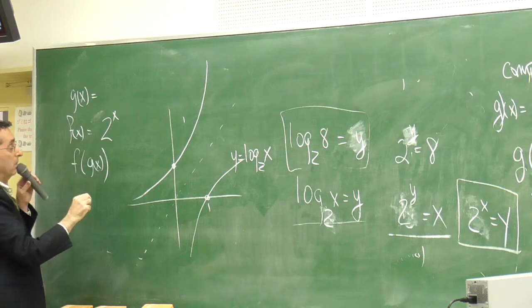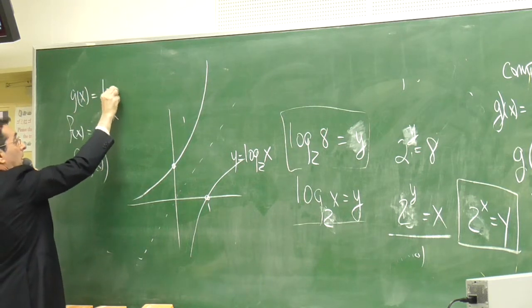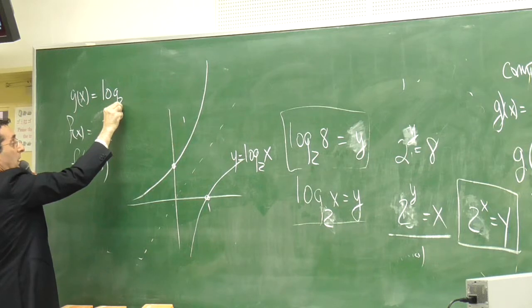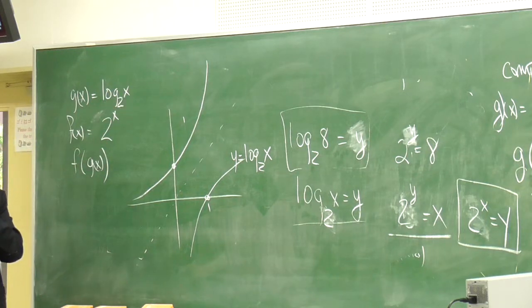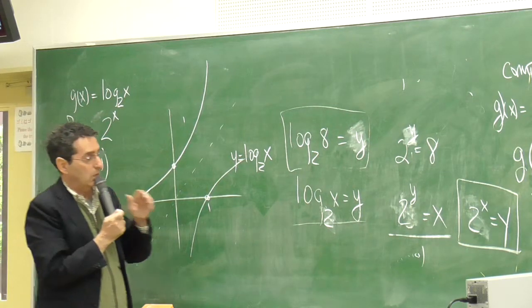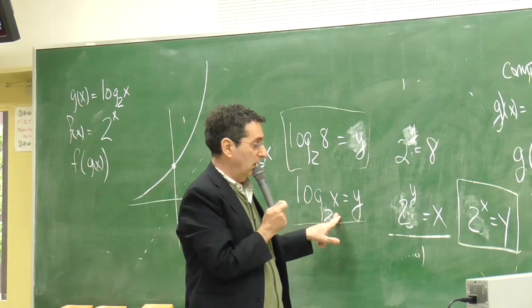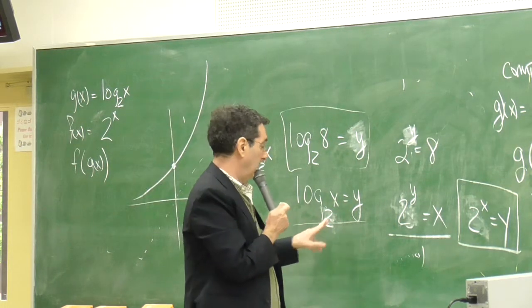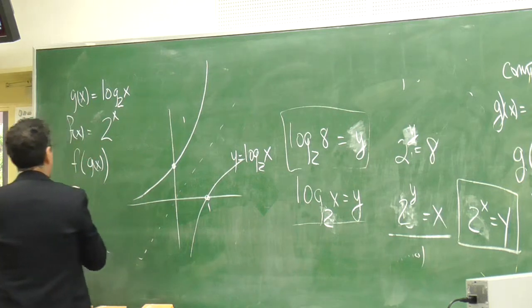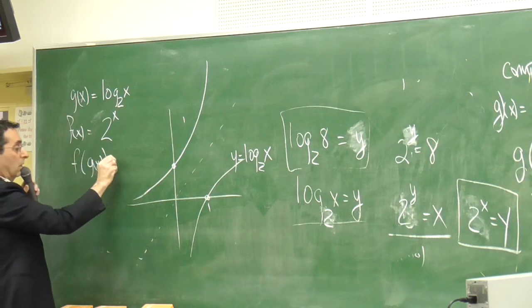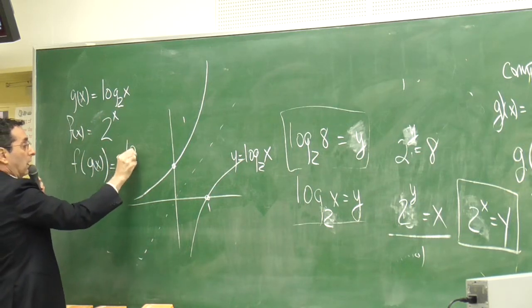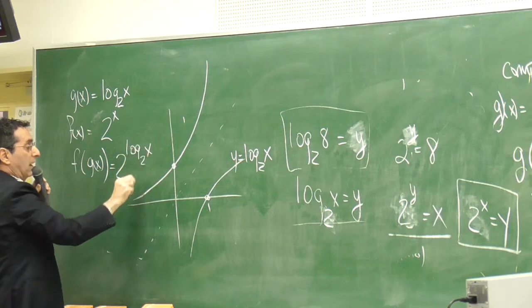How do we write it? The base log, I think the 2 goes here, right? Log base 2 of x equals y. And the other one is 2 to the x. Okay, so let's write out f of g of x. What is that? That's 2 to the log base 2 of x, which has to be what?